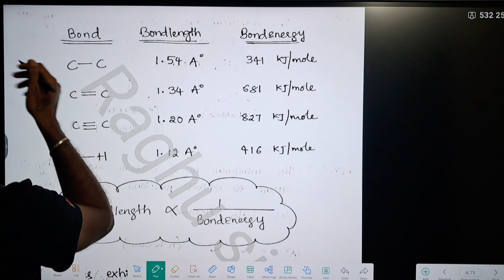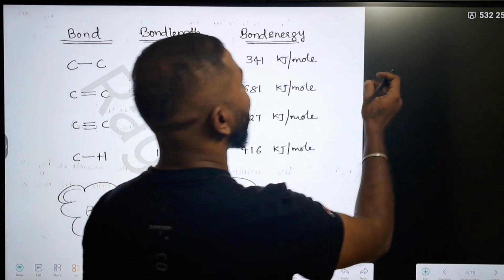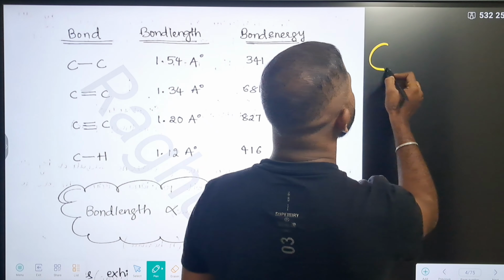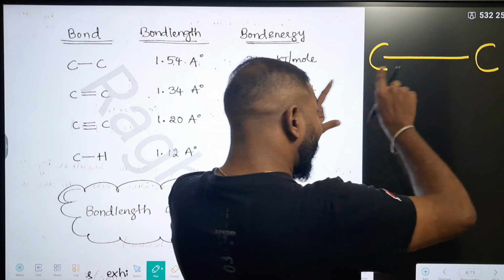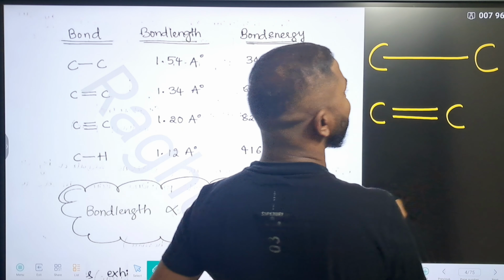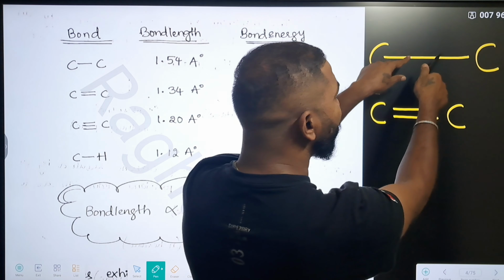Yeah, when it comes to CC single bond, let me take it here, better you try to remember this in this way. I am giving you CC single bond as a longer bond, okay. And now you try to remember, when it comes from CC single bond to CC double bond, what is happening to its length?